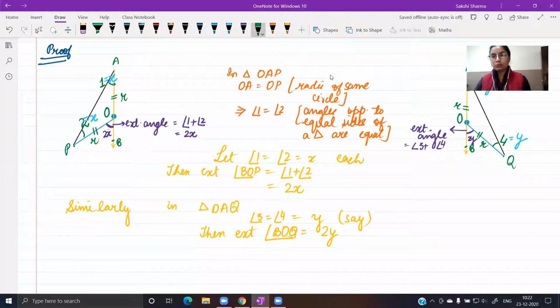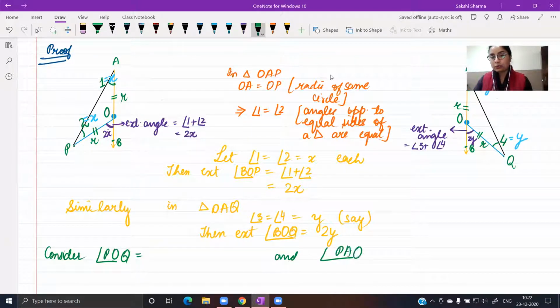And after this, we are going to consider the angles between which we want to prove the relationship. Consider angle POQ and angle PAQ. Try to observe their values. Angle POQ is made up of angle number 1 and angle number 3. The values assigned to these are x and y respectively, whereas this is made up of POB and QOB.